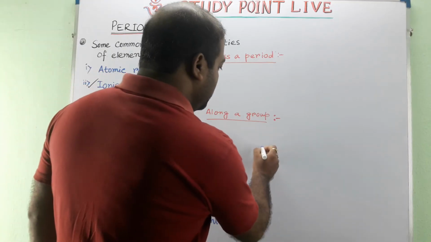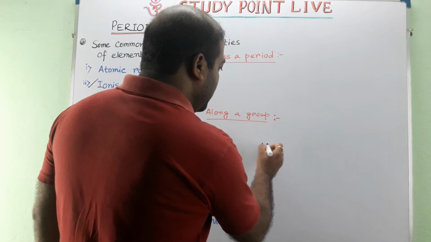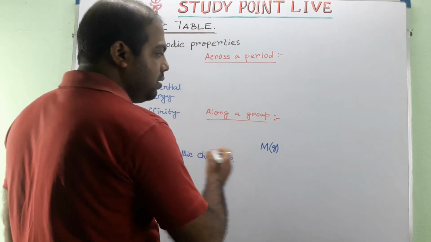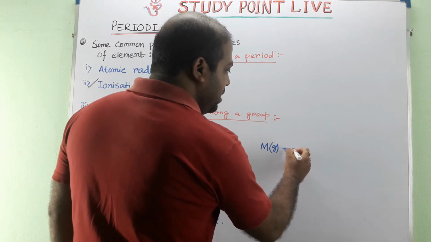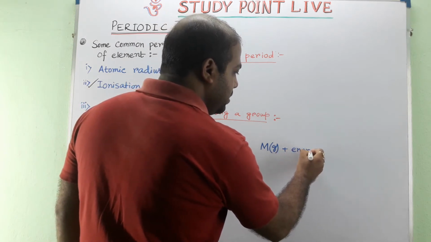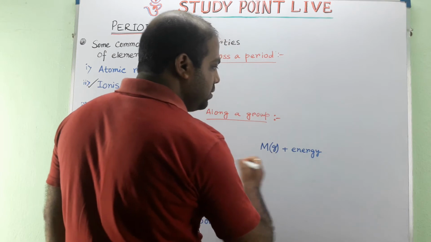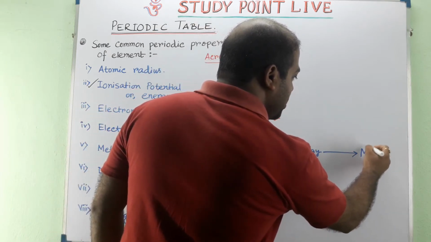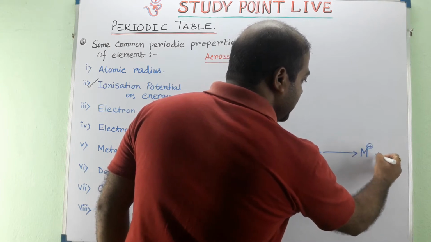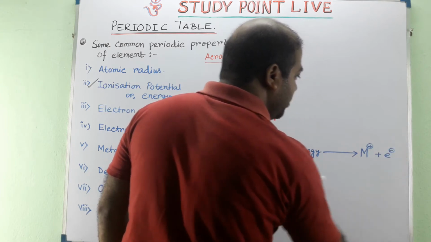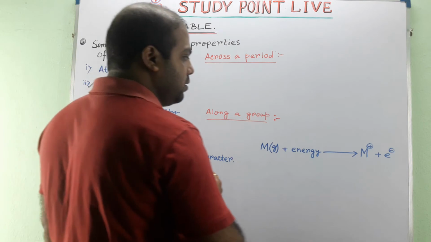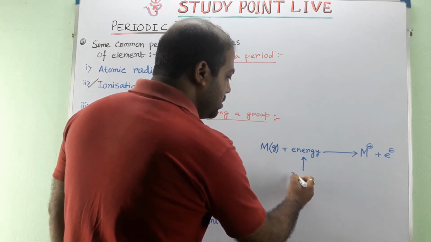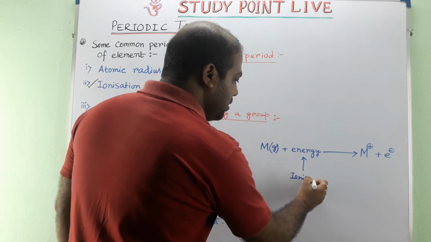So we take an element M in its gaseous state. Now the minimum energy is supplied to that atom to form a monopositive cation, and the loosely bound electron is removed. The energy here is known as ionization energy.